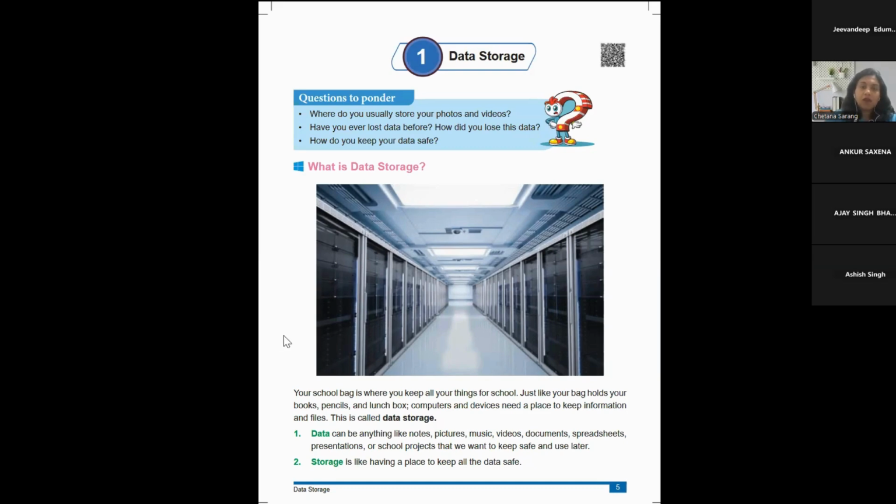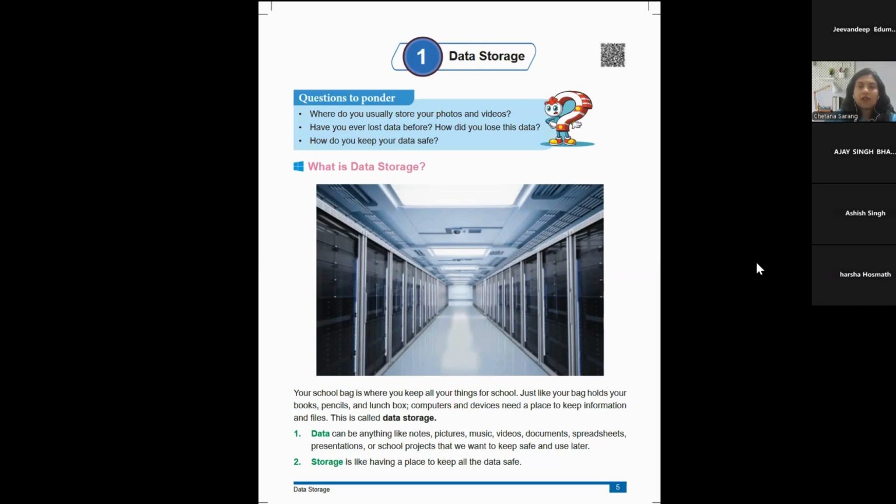First of all, I want to ask about the picture that is given here. What is it? How is it applicable to data storage? What picture is given here? Server. Server, yeah.